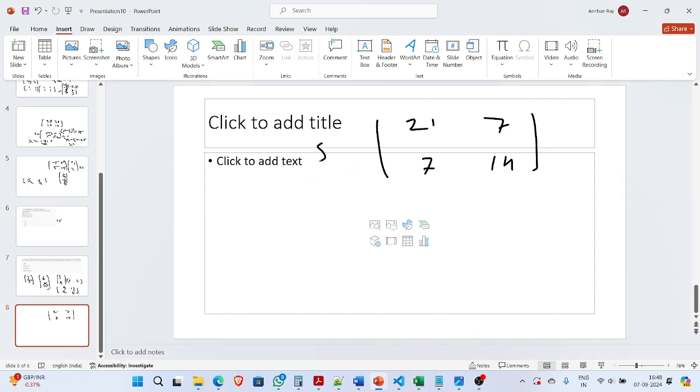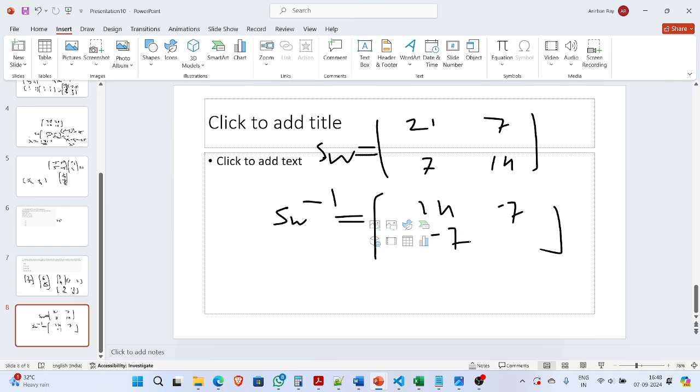So this is SW, that must be the one, I think. So SW inverse is the adjoint of A upon determinant of A. So the 7 comes out. Let's do it then. 21 into 14 minus 7 square.